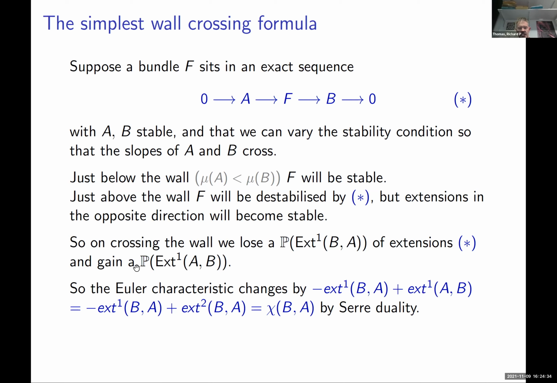And we gain the topological Euler characteristic of this guy. And by Serre duality, this second Ext1 is dual to this Ext2. And so what we end up with is Ext1 BA and Ext2 BA and their difference. And this is given by the Riemann-Roch formula because this is the alternating sum of all the Ext's.